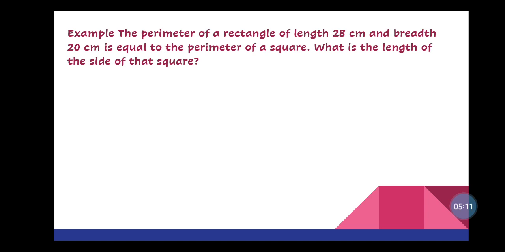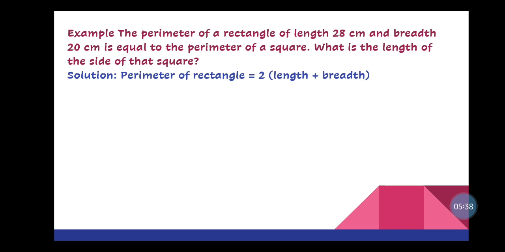Now whatever is the perimeter of this rectangle, that perimeter is equal to the perimeter of square. So first here we need to find the perimeter of rectangle. So we'll get the perimeter of square because they are equal according to the question. Now what is the length of the side of the square? So we will get the length of the side of the square. Let's start.